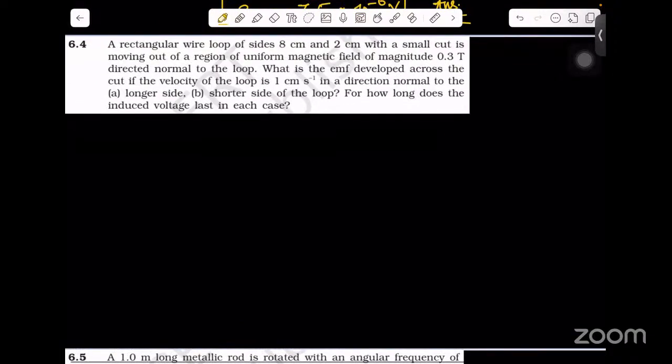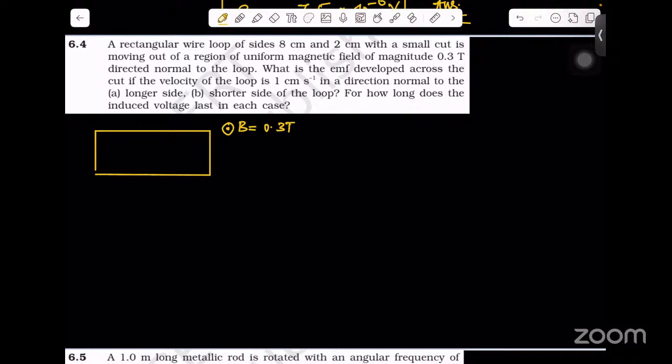So we have a rectangular loop, and it's moving out of a region of magnetic field, which is perpendicular to the loop, which is 0.3 Teslas, and the side lengths are 8 cm and 2 centimeters.